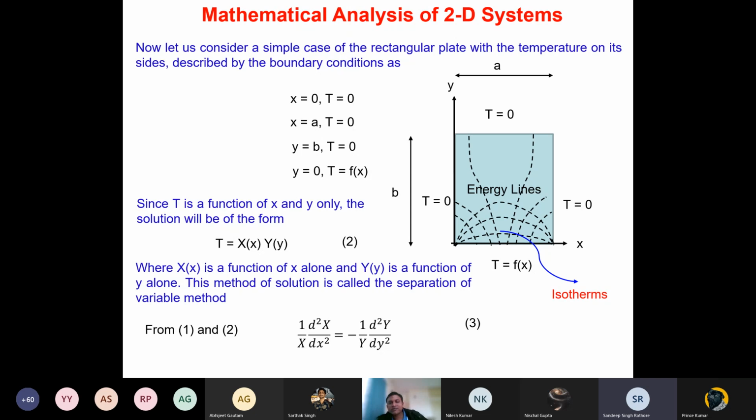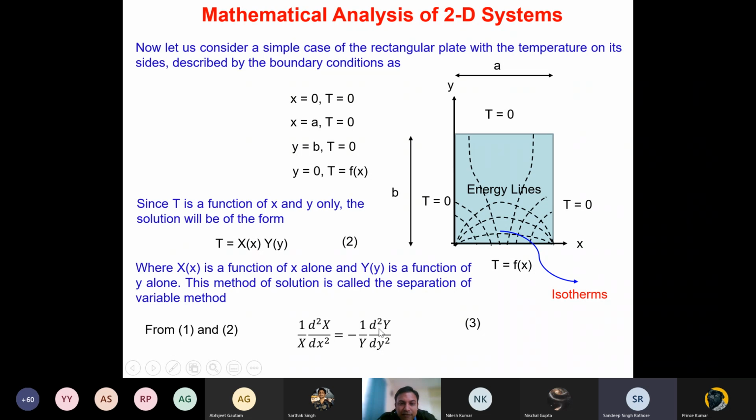Now, here, left hand side and right hand side. Remember, we said X is a function of x alone and Y is a function of y alone. That means the right hand side and left hand side should be equal to a constant value. Do you all agree? If it is not a constant value and is a function of any other y or x, then it is not independent.